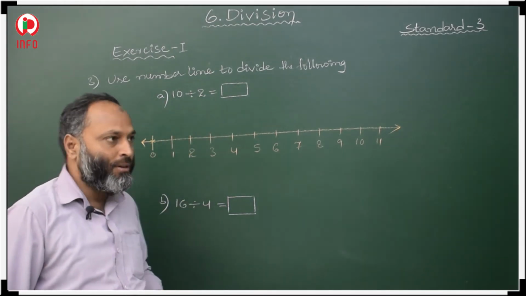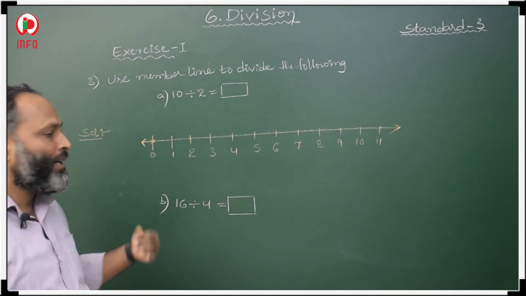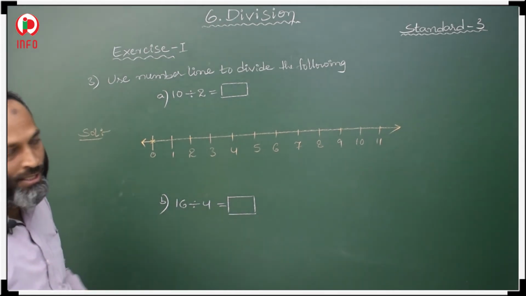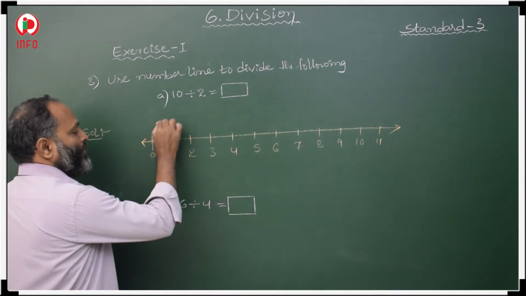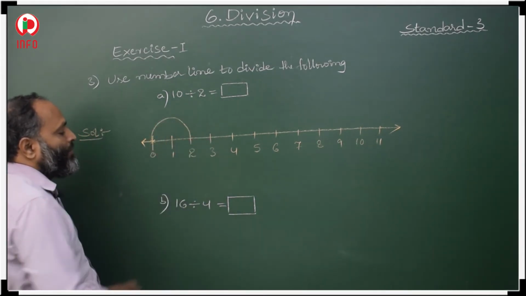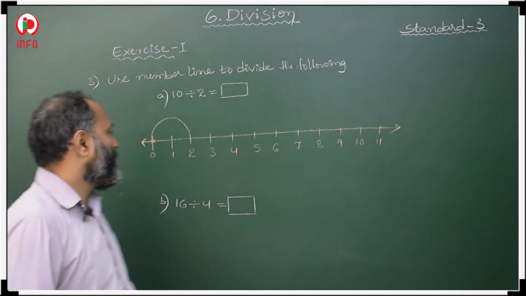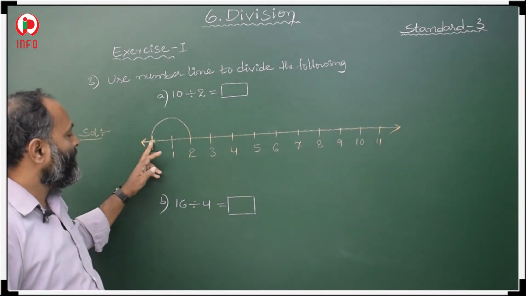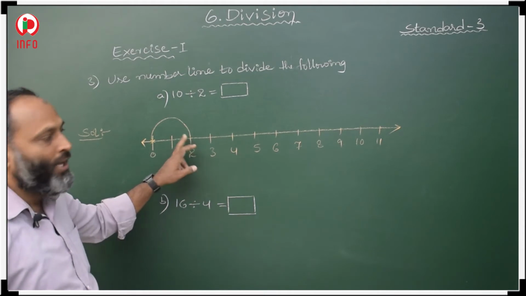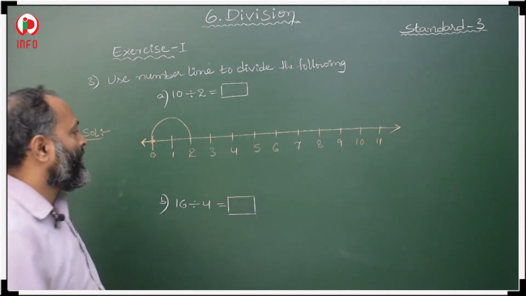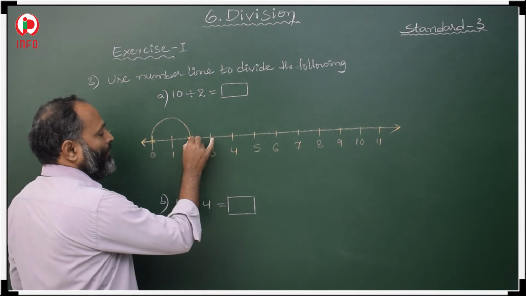From 0, we have to take 2 steps. It means we have to jump 2 steps from 0. If we jump 2 steps, we reach 2. Again from 2, 2 steps, where will we reach?